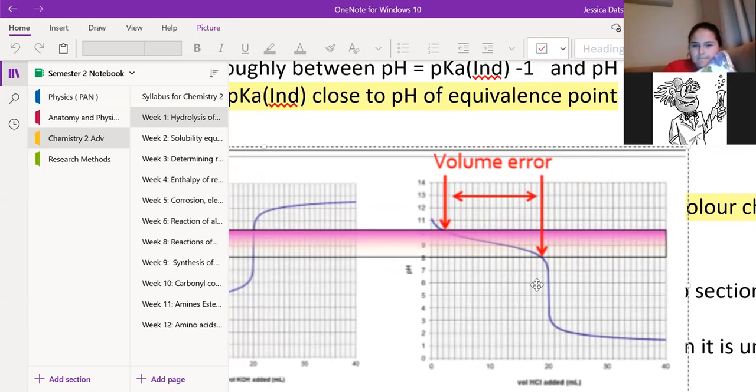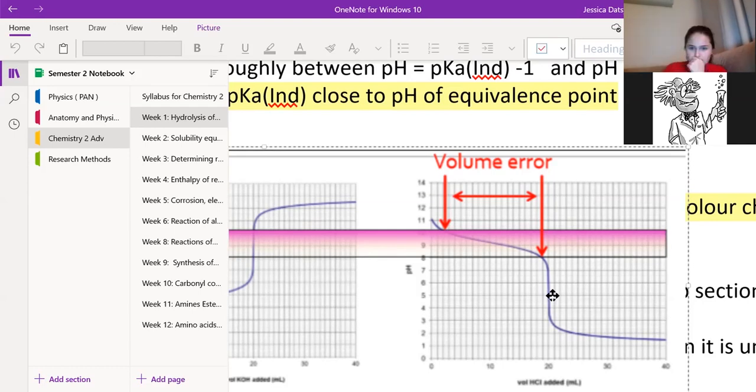Second point, can you see that the middle of the vertical climb, your equivalence point, is going to be a pH less than 7? In this situation, I think the pH is 5. Well, in theory, your equivalence point should be less than 7.